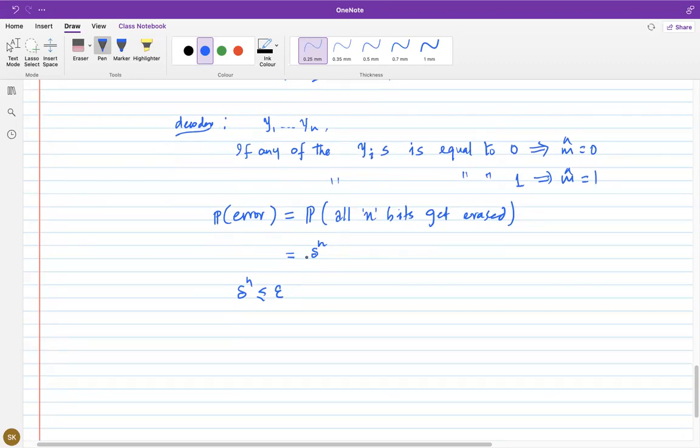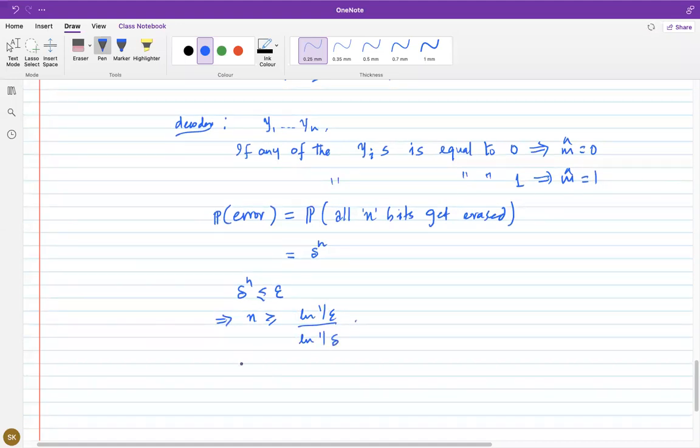If you want to design your n in such a way that the probability of error, which is delta raised to n, satisfies this condition for every epsilon, then in that case you need to have n at least this much.